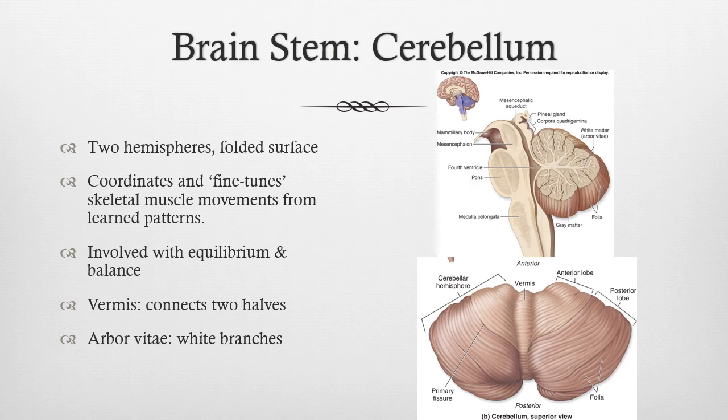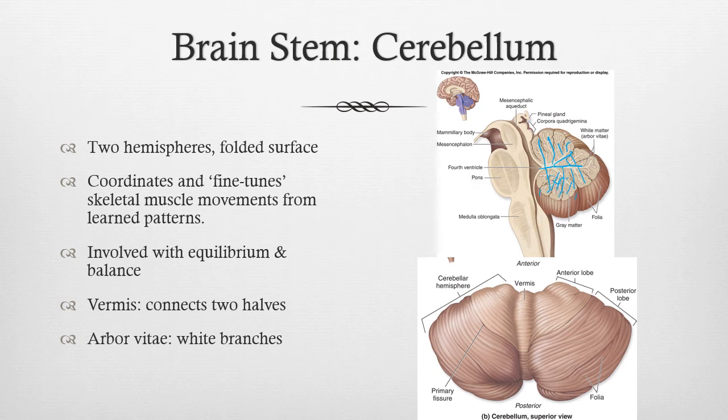The cerebellum is important in that one of the big things it does is control our unconscious motor control. And so it has sensory information that comes into it. It has this large amount of white matter that spreads out like a tree, hence its name arbor vitae.